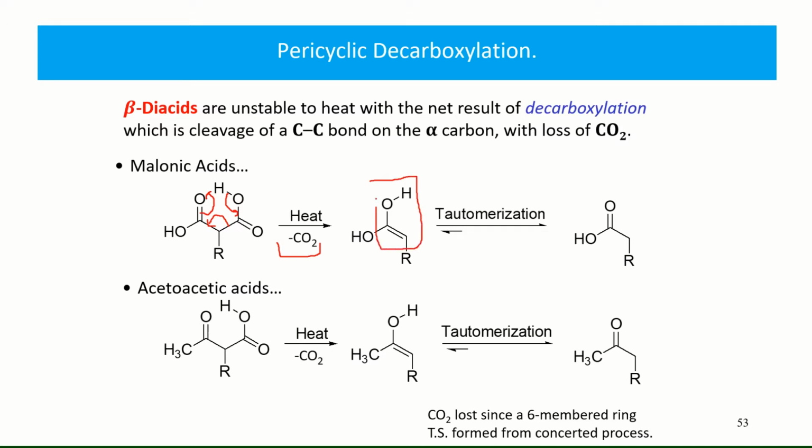We know that an enol will tautomerize to give us a carbonyl. So in the case of the malonic acid, on heating we end up with an acid group. In the case of the acetoacetic acids, on heating, the tautomerized species will give us a methyl ketone, i.e. an acetyl group.